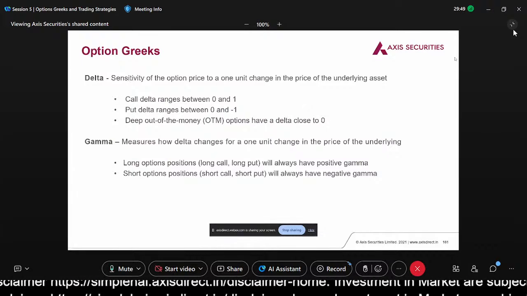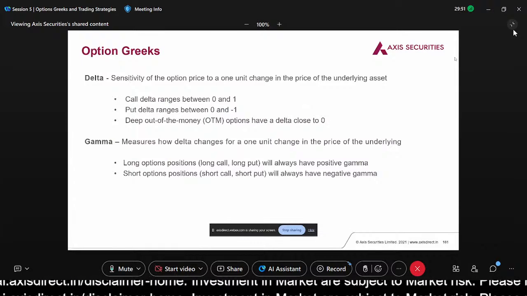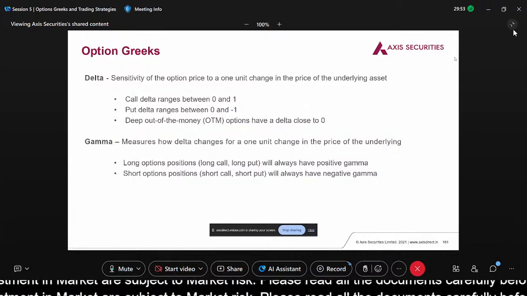So that is the reason you can never have a delta of 1 or -1.